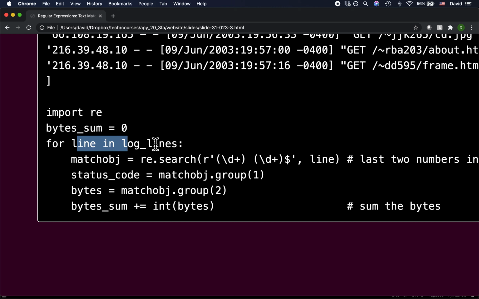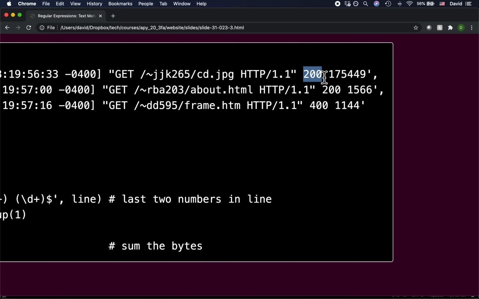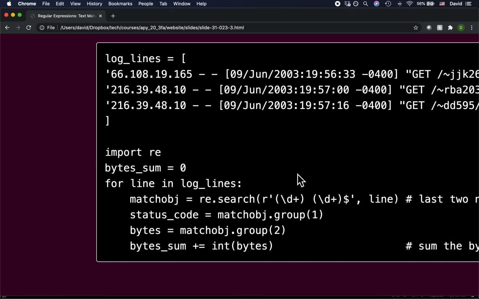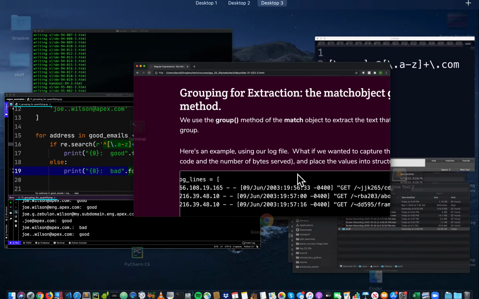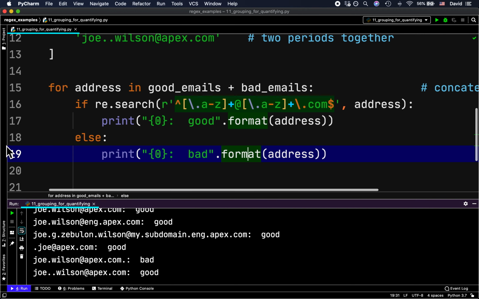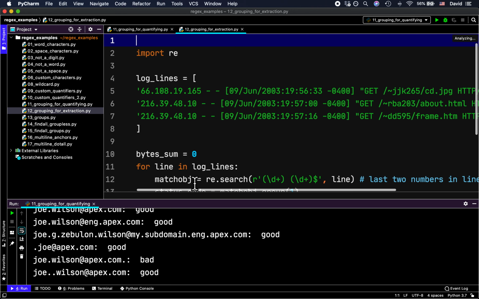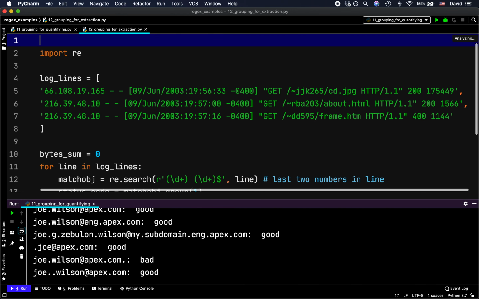Well, you can see we're looping through each of the lines of the file. Each one of the lines has these two values, and we want to extract them. Why don't we look at another working example for that? Grouping for extraction. Here's our example.